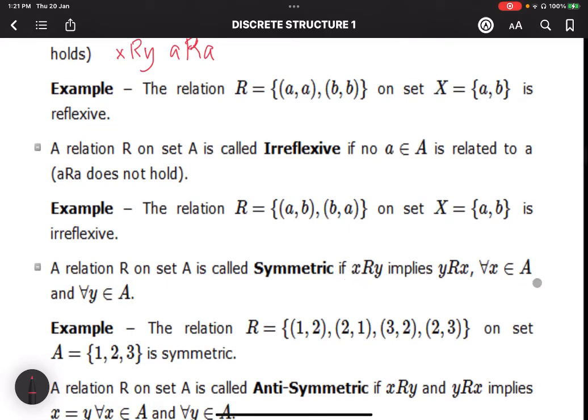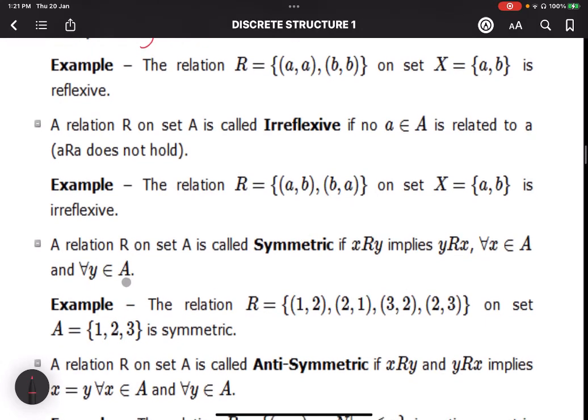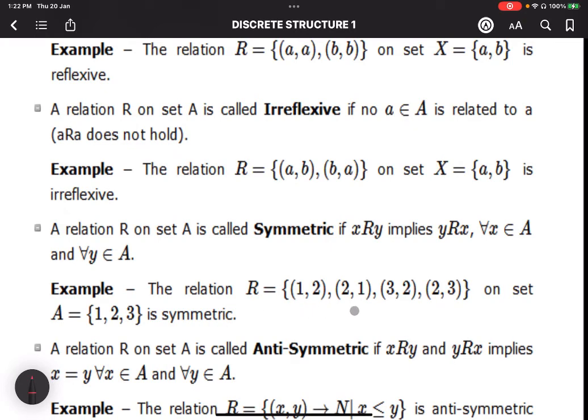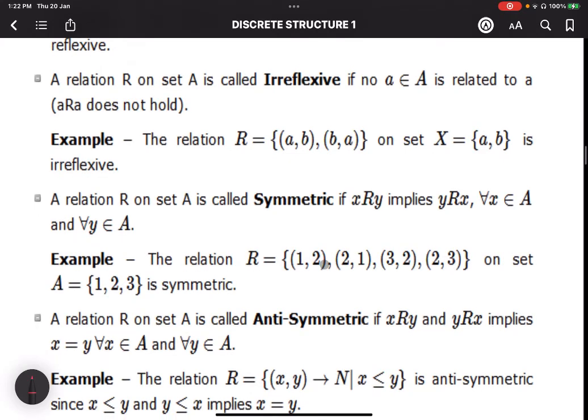Ang kanilang relationship wherein X is an element of big A and Y is also an element of big A. So the relationship in this example is set R is equal to {(1, 2), (2, 1), (3, 2), (2, 3)}. So on the set, we have {1, 2, 3}, and it is symmetric. Okay? Kahit baliktarin natin, there is still the same, no? Value, no? The same sets.